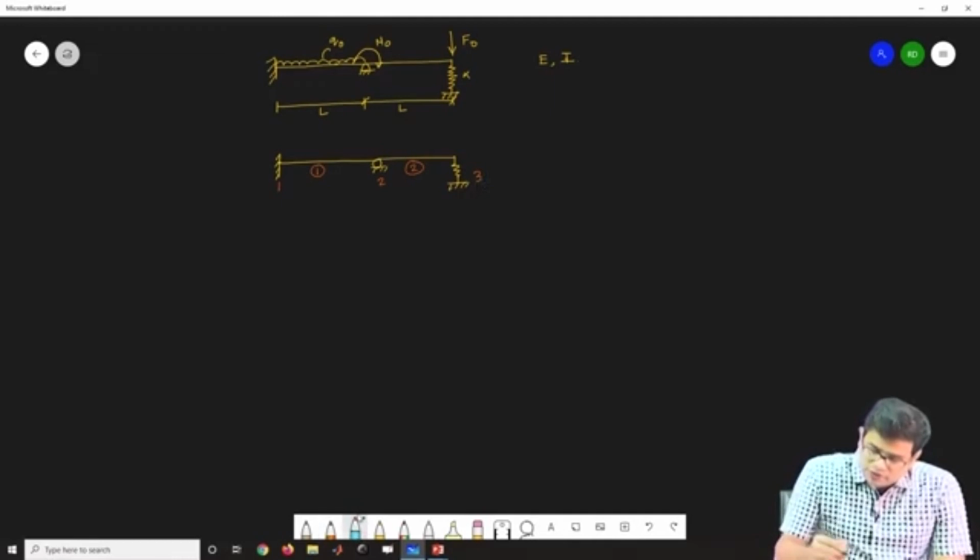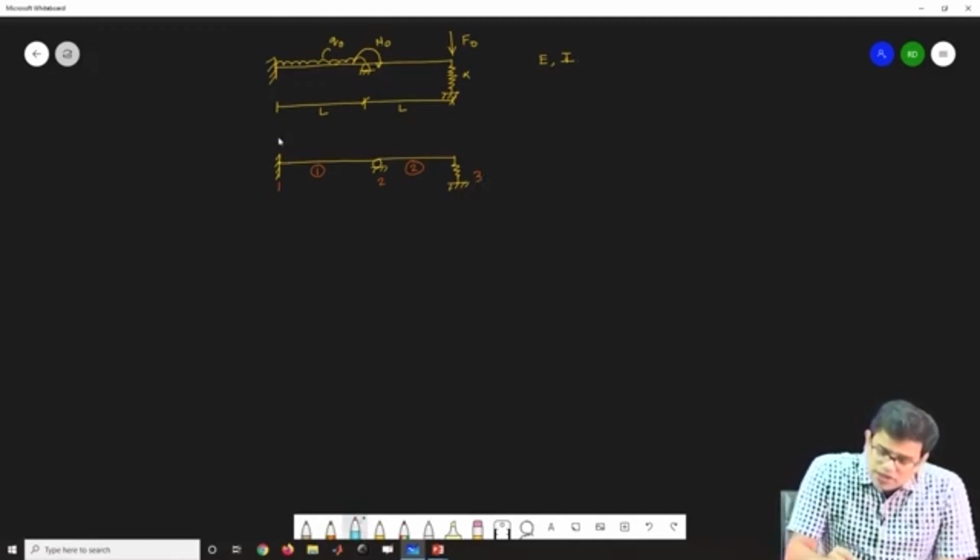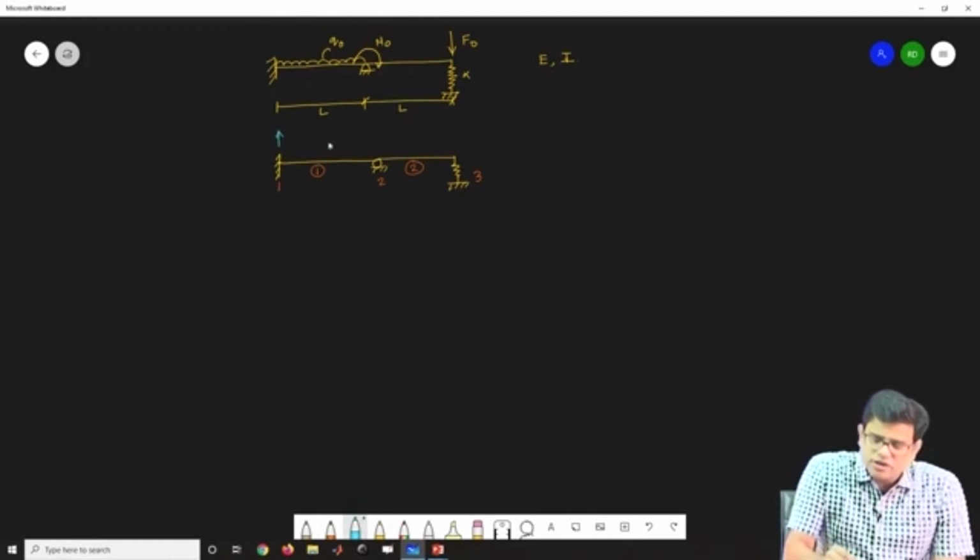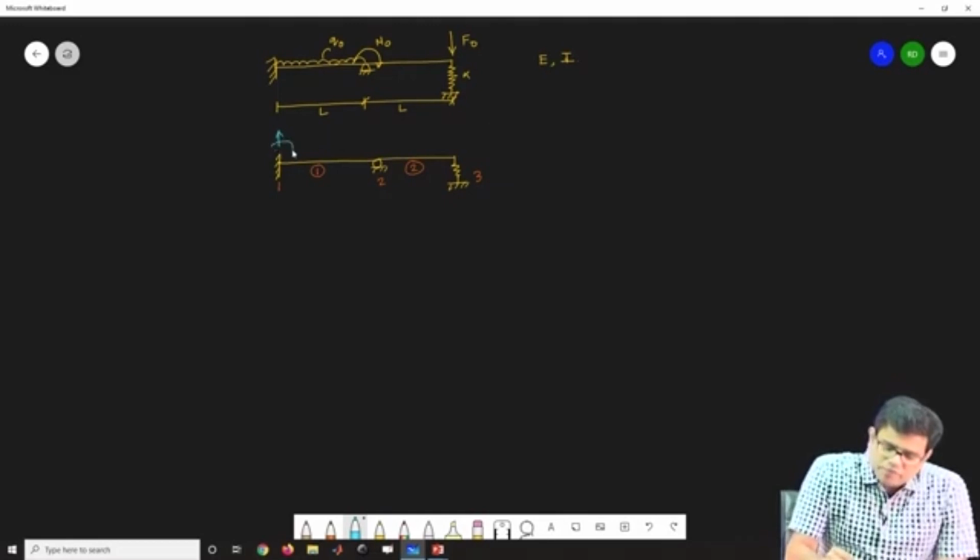Now, what are the degrees of freedom associated here? At each node there is a displacement degree of freedom and a rotational degree of freedom.